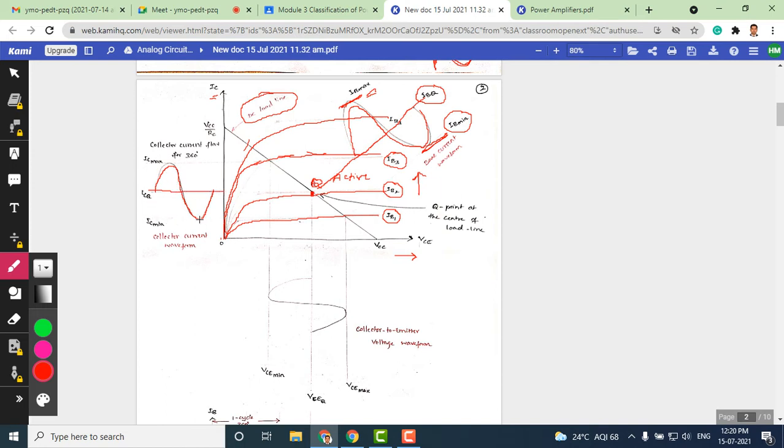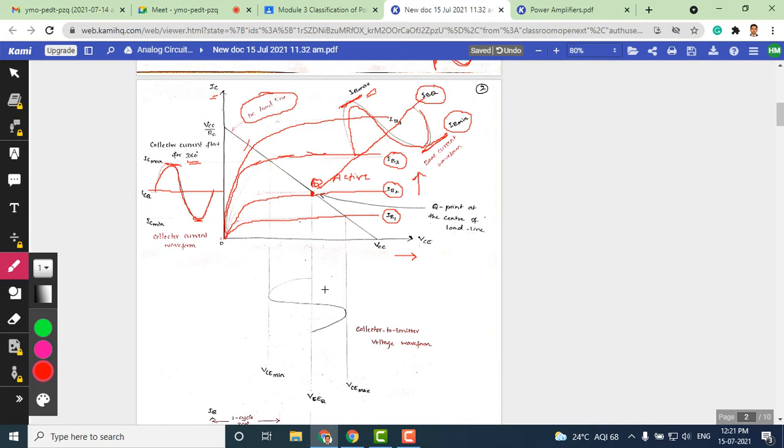This is IC minimum, the extreme negative edge, and this is IC max, which is the positive peak, and this is the collector current waveform. This is the base current waveform, as you are seeing above. And collector current is flowing for the entire 360 degrees. That's what we have shown here. And the Q point is at the mid of the load line, at the center of the load line.